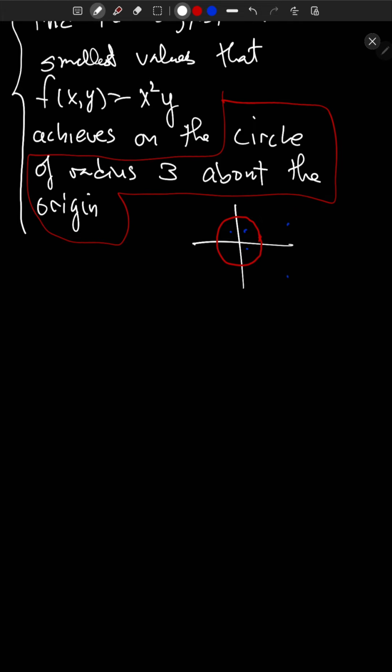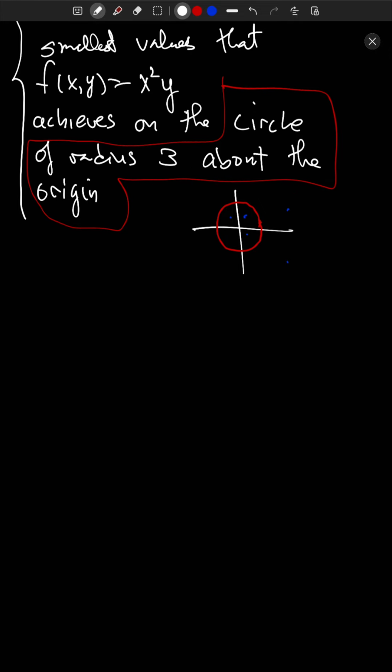Okay, so how do we do this? Well, we have our f. That's the function that we ultimately want to find the maximum or minimum of. We need to fabricate a function g such that the circle of radius 3 about the origin is a level curve of g.